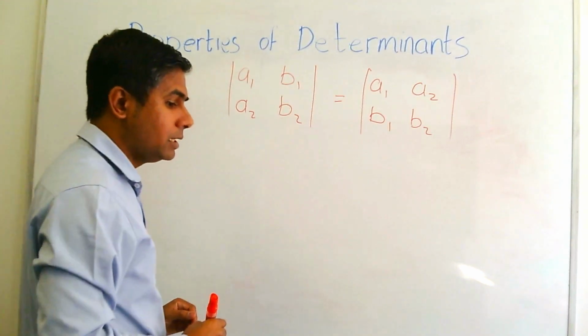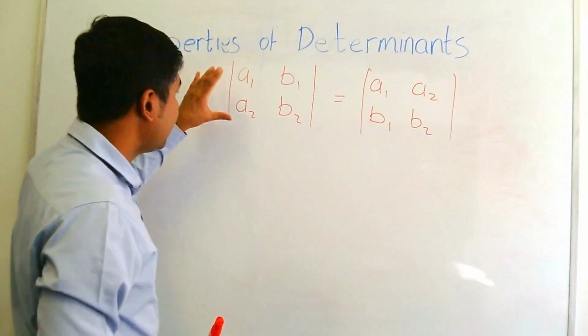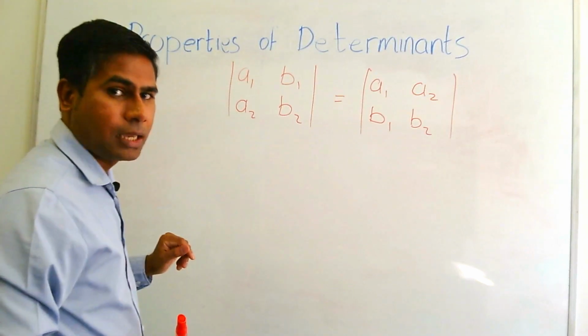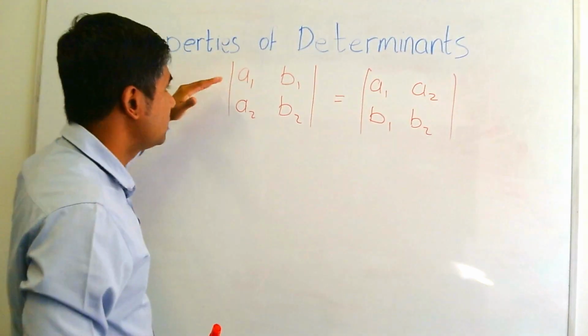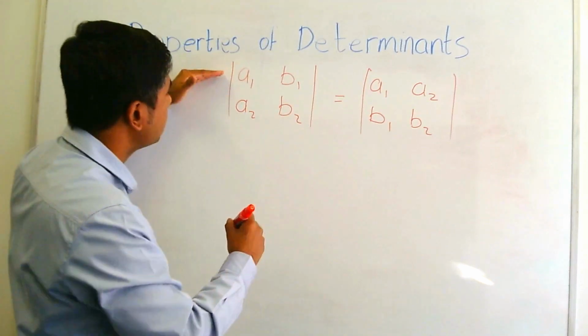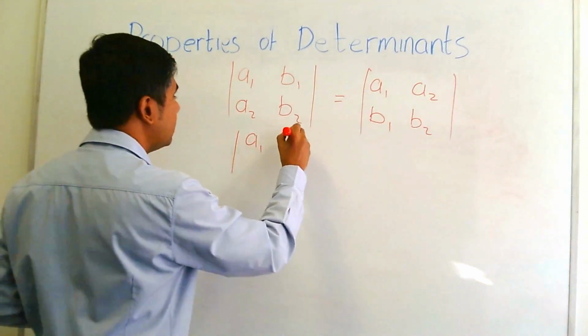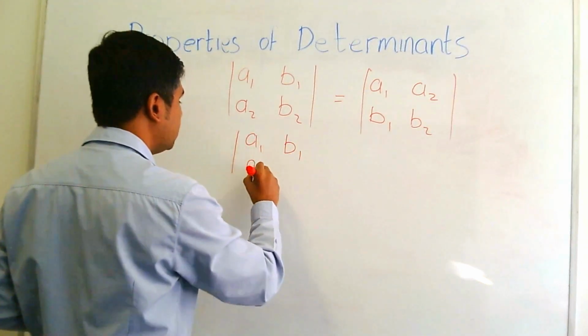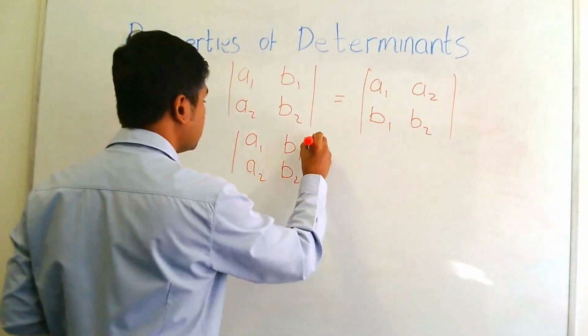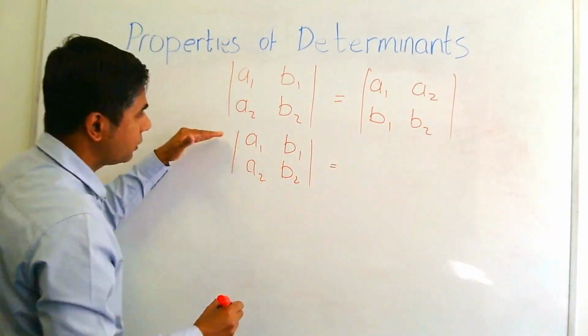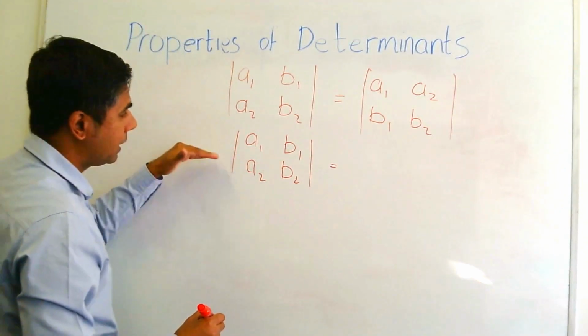Another property is that we can interchange rows or columns. Instead of swapping the rows and columns, we can swap between rows, or between columns. Let me explain what I mean. If we have A1 and B1 and A2 and then B2, we can, for example, swap row 1 and row 2.